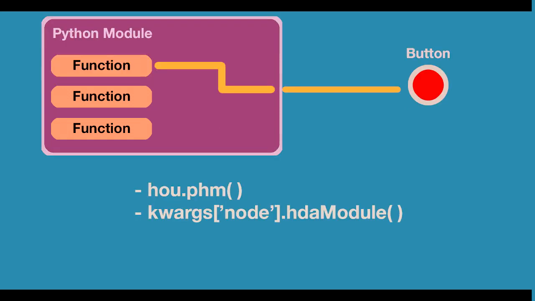One, which is the hou.phm, or Python Houdini module function, and another is the keyword arguments, or kwargs method. Essentially, kwargs square bracket node refers to a reference of the current node.